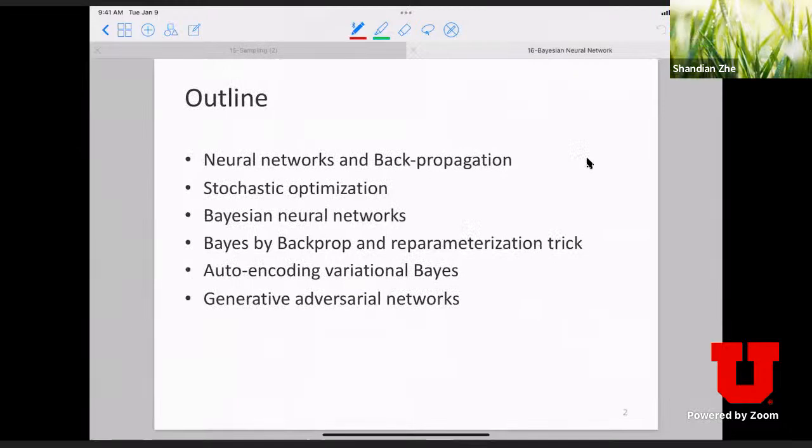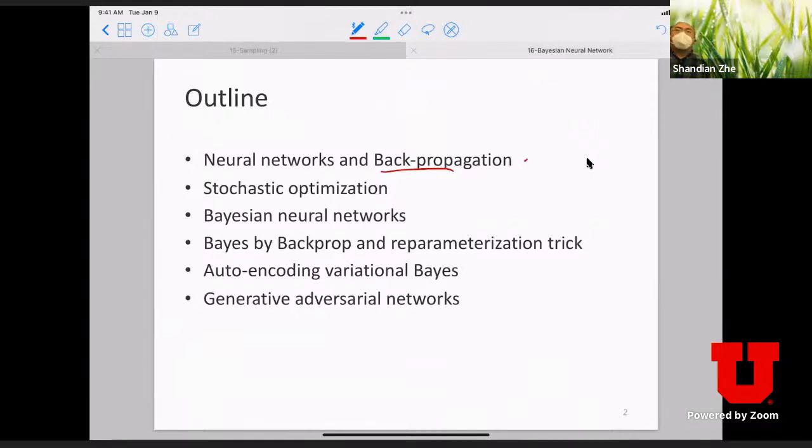So we're going to first introduce the definition of neural networks, what the backpropagation procedure is, and the idea of backpropagation. However, we won't talk about the details of backpropagation because this is essentially an application of the chain rule.